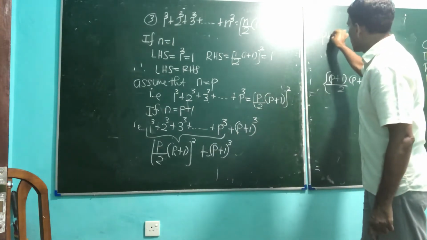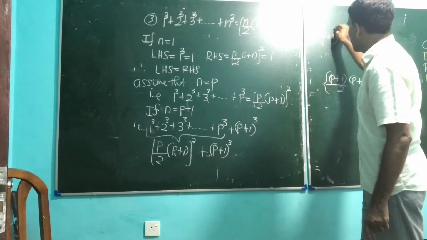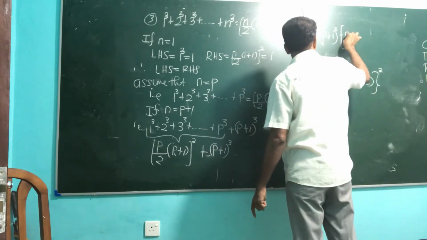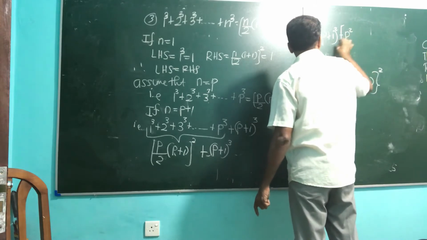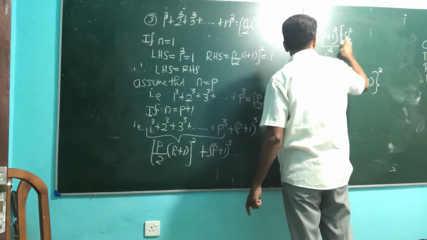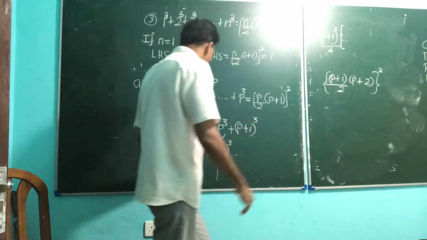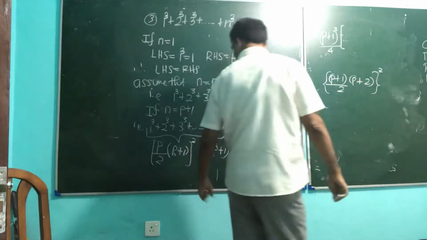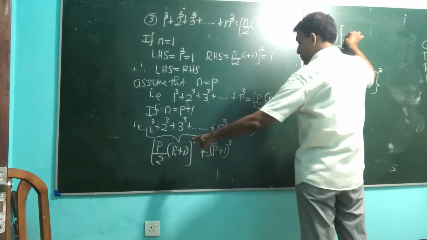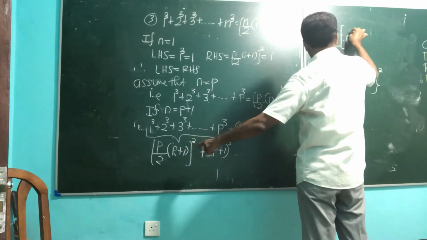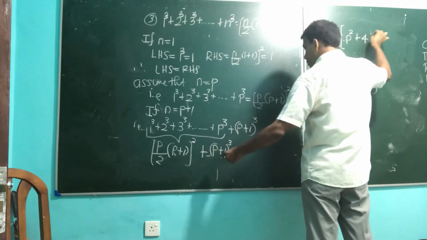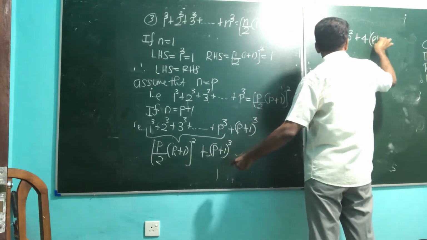p plus 1 all things square. So in this case p square over 4. Can I take 4 also? Take the 4. p plus 1 all things square, and also take the 4 out, right? So therefore the remaining here, p square plus here should be 4 multiple into the additional p plus 1.